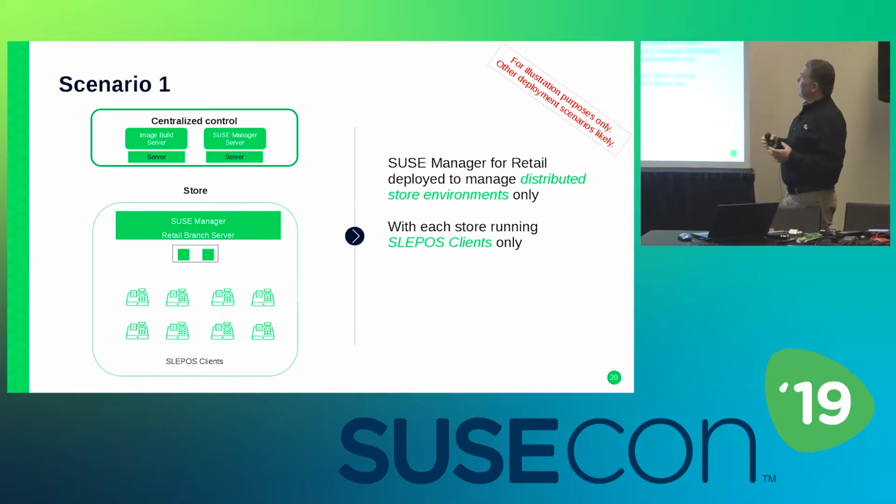That's the easiest solution from a management and setup perspective. All you do is set up the SUSE Manager server, set up the image building, create the branch server, do your retail configuration components, build the image, and boot the tills. You're done. So that's the one scenario.